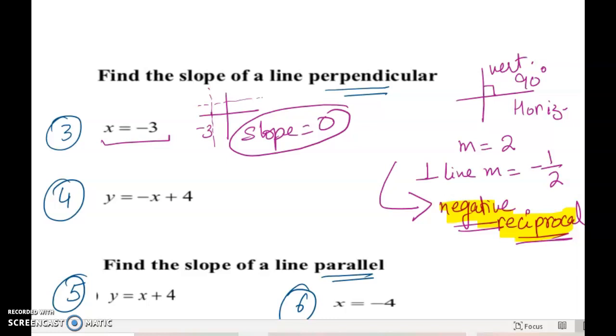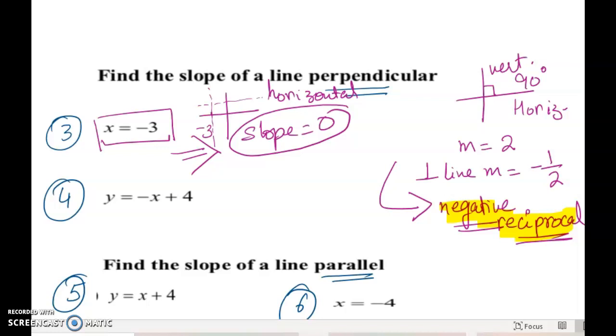So in this case, x is equal to negative 3, we have a vertical line. And a line perpendicular to a vertical line will be a horizontal line, right? And the slope of a horizontal line is 0. So a line perpendicular to x is equal to negative 3 will have a slope of 0.